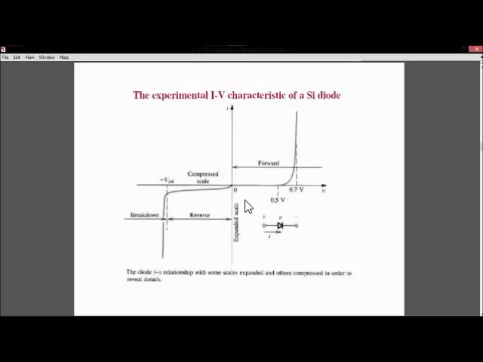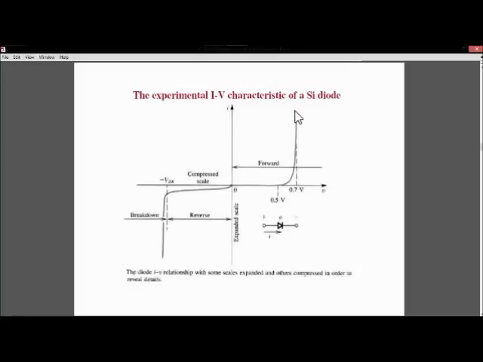Now some experimental studies have shown the graph of forward bias and reverse bias characteristics. The first quadrant is the forward bias characteristics. Whenever the voltage increases past the built-in voltage, that is 0.7 for silicon and 0.4 for germanium, a small increase in voltage will cause a large increase in the current.